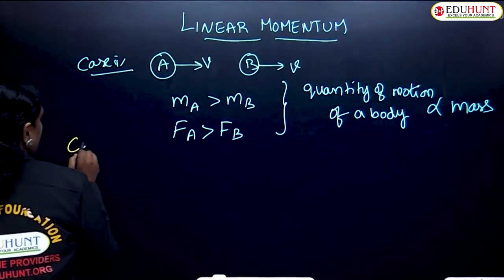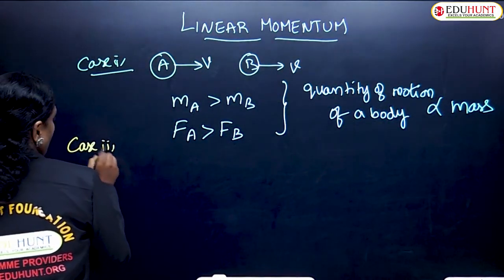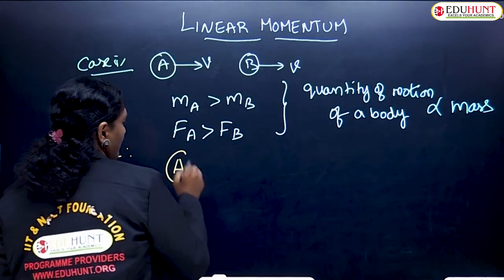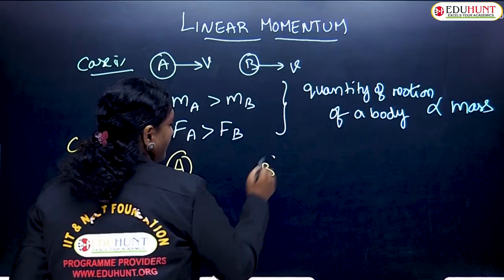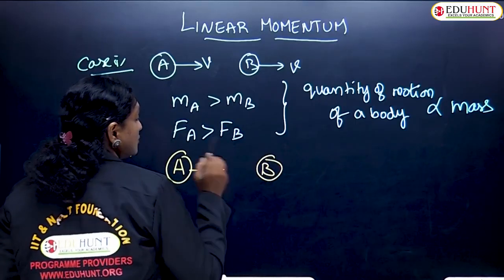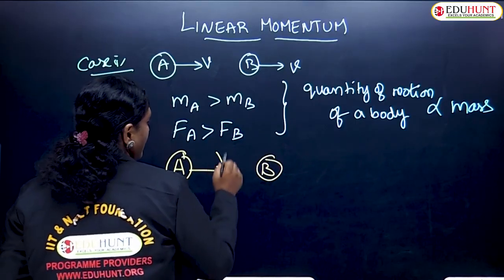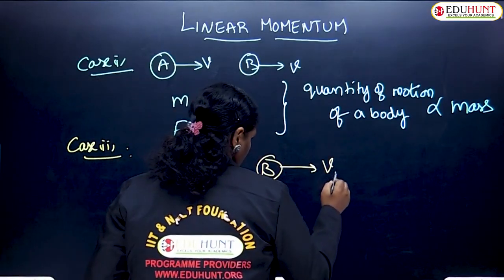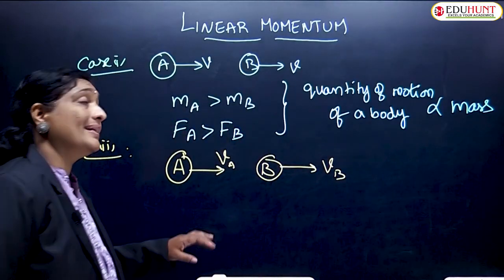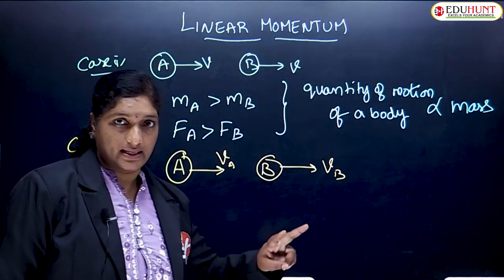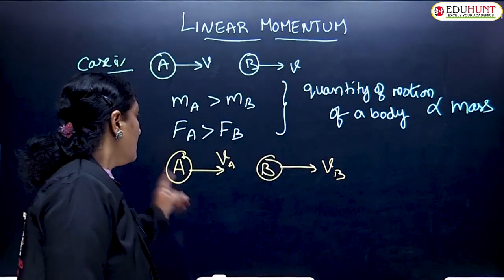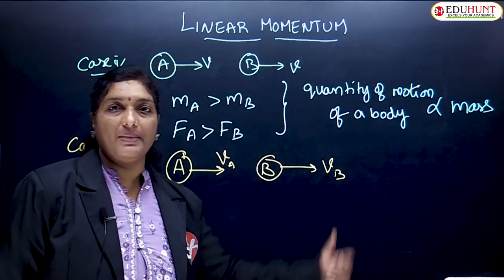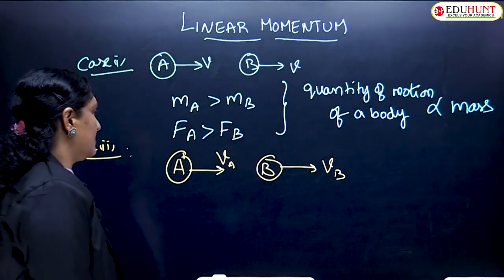Case 2. In this, again let us consider two different bodies, say A and B, which are moving with two different velocities, say VA for the first body and VB for the second body, respectively, in the same direction.